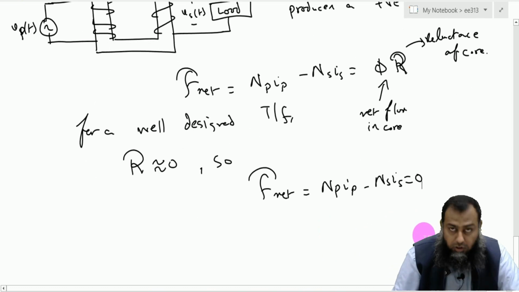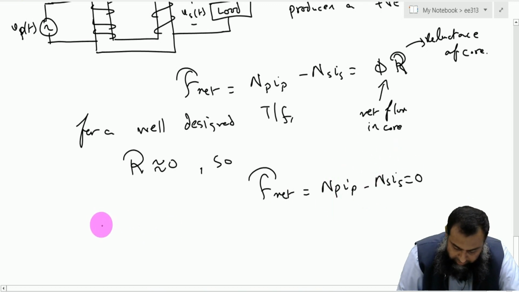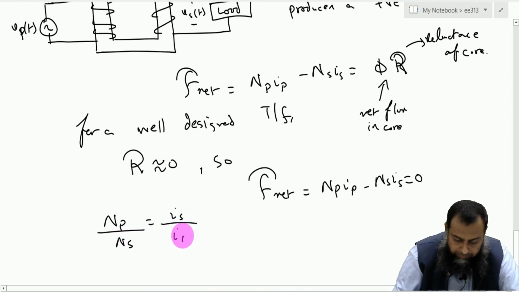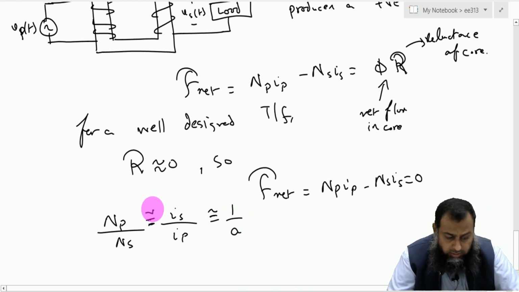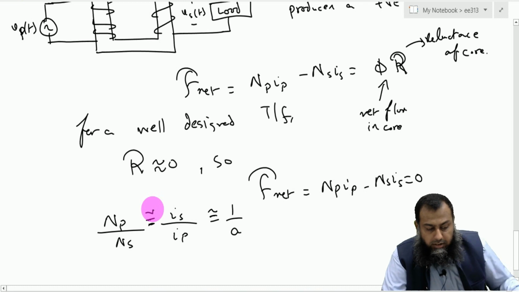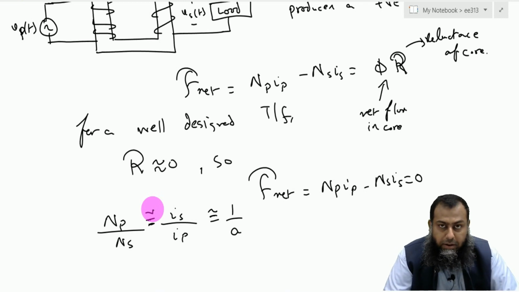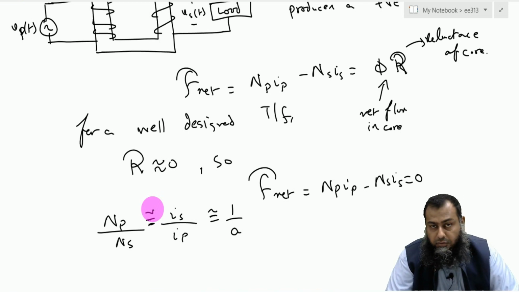And therefore, based on this particular expression, we can say that NP over NS is equal to IS over IP, and that is equal to 1 over A. These are all the approximated symbols, right? So this is the reason we have the MMF equal to 0, and for that we say that in a dot convention, the current leaves one dot end of a winding if the current enters from the other dot end of the winding.